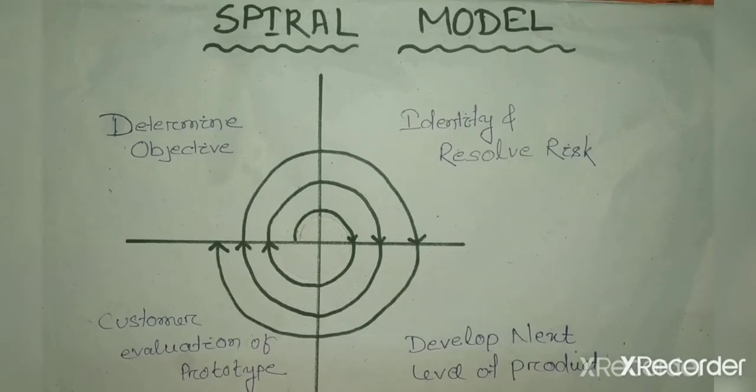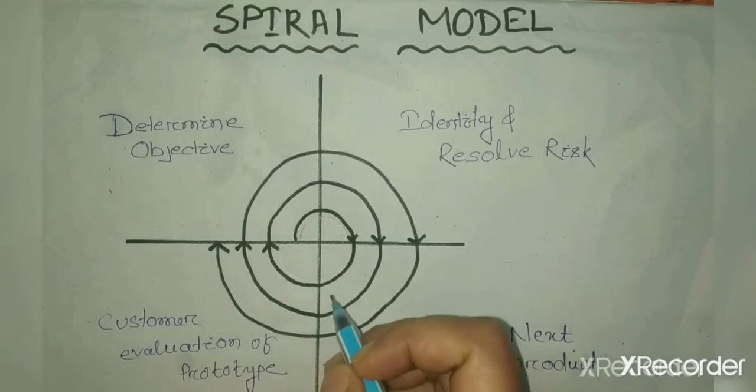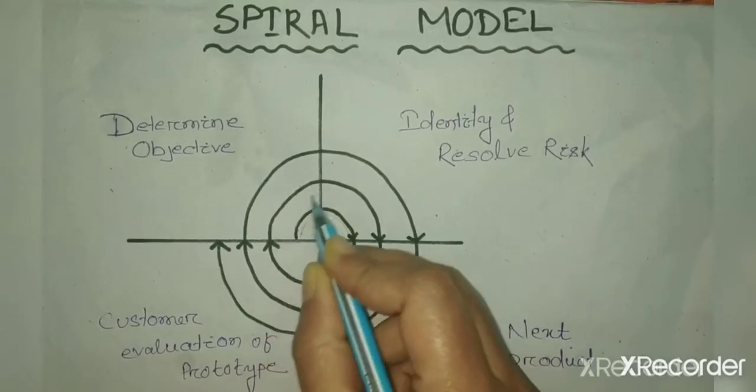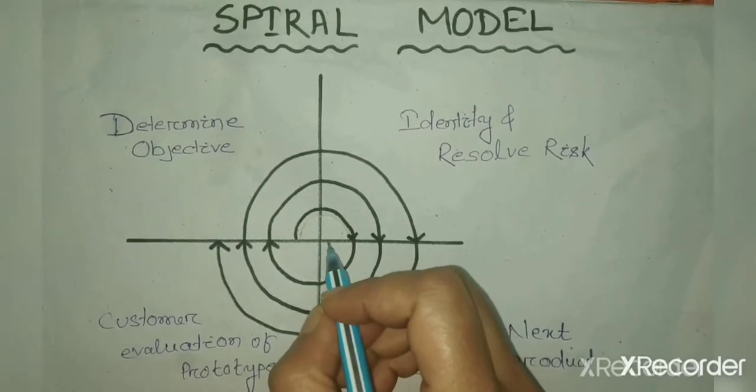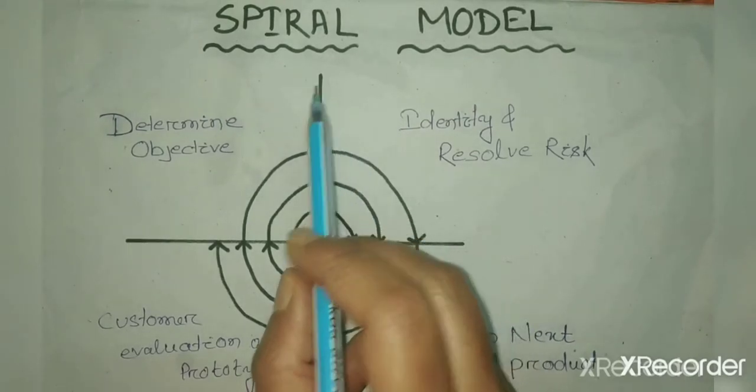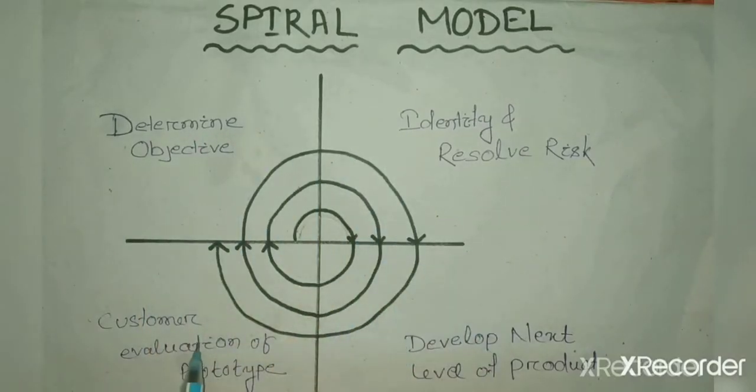The spiral model looks like a coil, so it is known as the spiral model, and the loops may differ from project to project, because the developer decides how many loops there are in a software development. Each model is divided into 4 quadrants or sectors.